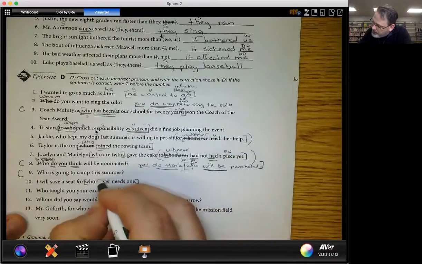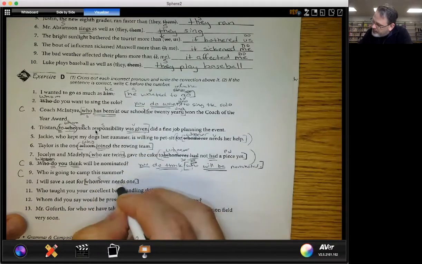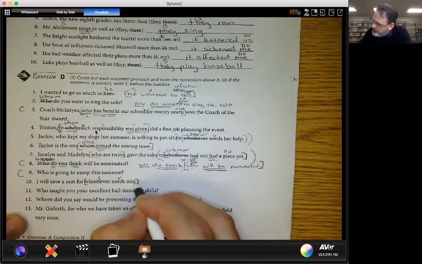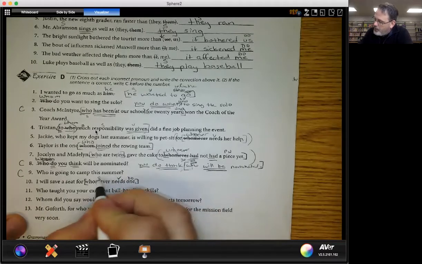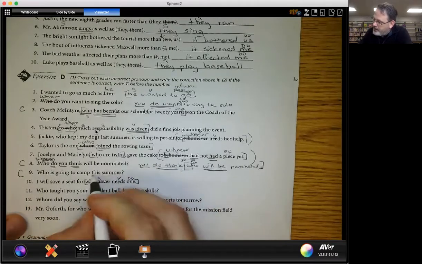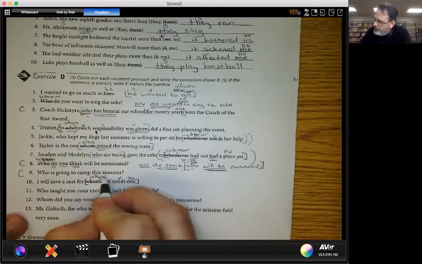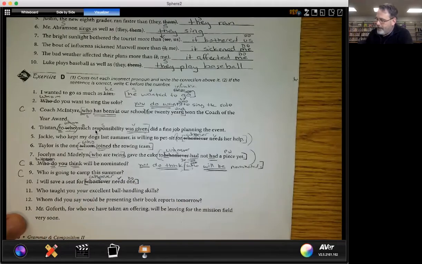Inside the clause, that's the subject, needs is the verb, direct object is one. So we do have to strike that and change it and make it whoever, okay? These are tough.